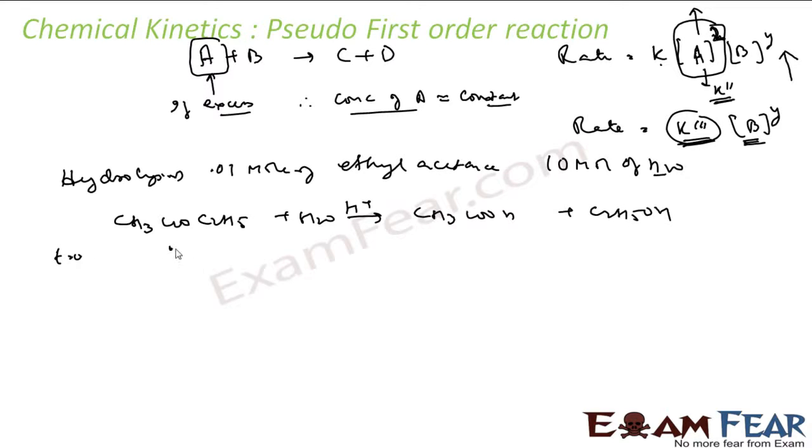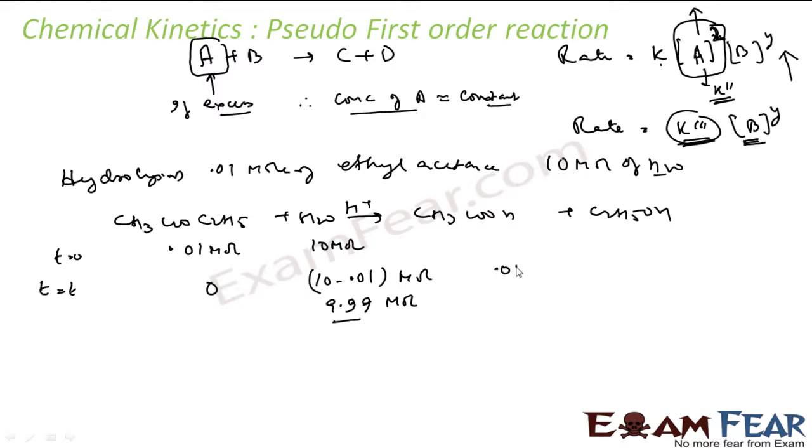So at t equals 0, let's suppose this was 0.01 mole and this was 10 mole. At t equals t, after everything is consumed, this becomes 0. At the max, water will become 10 minus 0.01 mole, which is 9.99 mole.